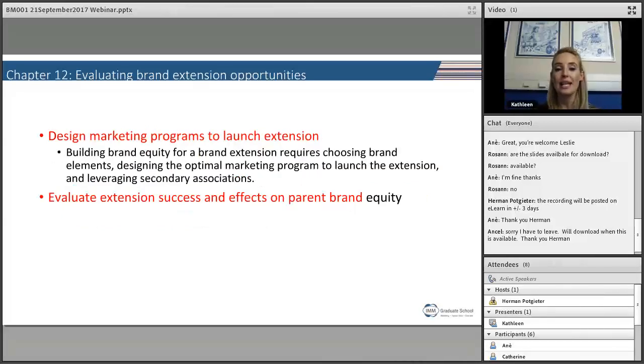We will also identify possible candidates for an extension, and then we would obviously evaluate those candidates and choose the candidates that are most likely to have a large number of advantages and very few of the disadvantages. And also a candidate that is just relevant and consistent with our original brand.